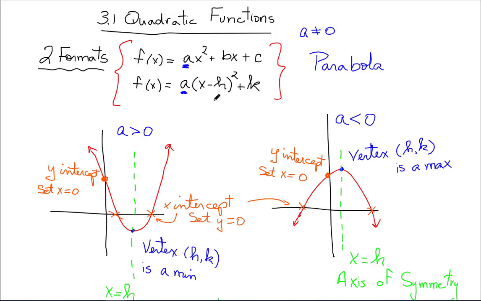Now it may also look like a times something squared plus or minus something on the end. So the important part here is our variable is squared. The shape of this is a parabola. It's a U-shaped object that either looks up, see this one looks up, and this one looks downward.